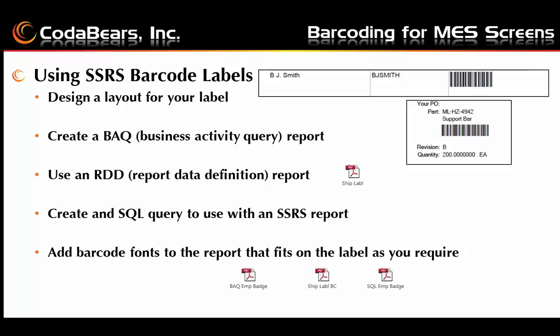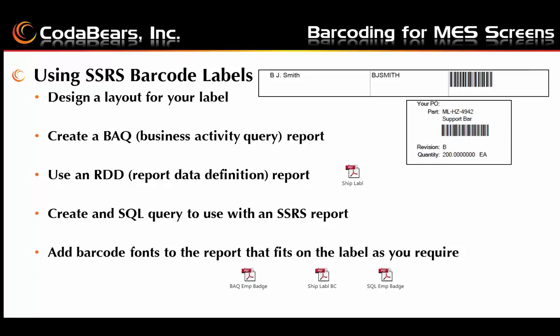So here we show an example of using SSRS barcode labels. The different points here show that your first step for using these barcode labels is to design a layout for your label. Then you can create a label using SSRS in one of the three different ways listed in the next bullet points: creating a BAQ report, using an RDD report, or creating an SQL query to use with an SSRS report.